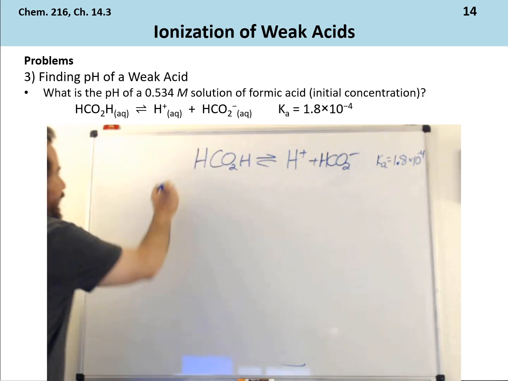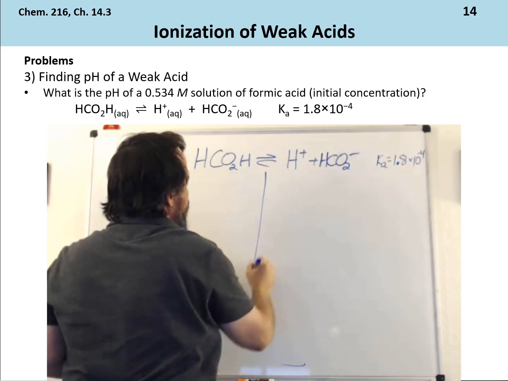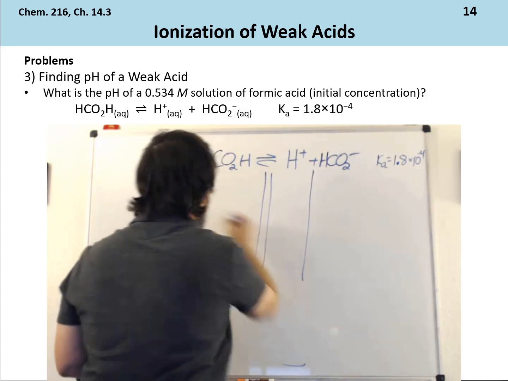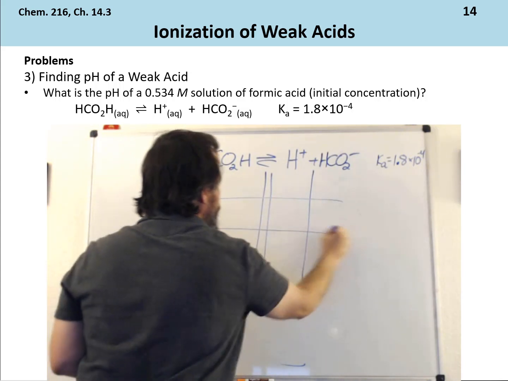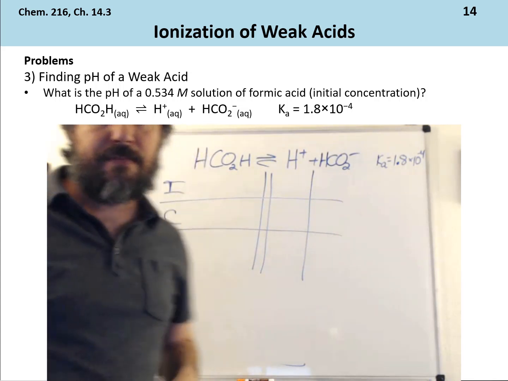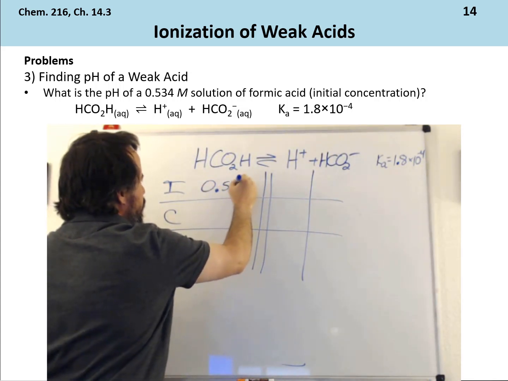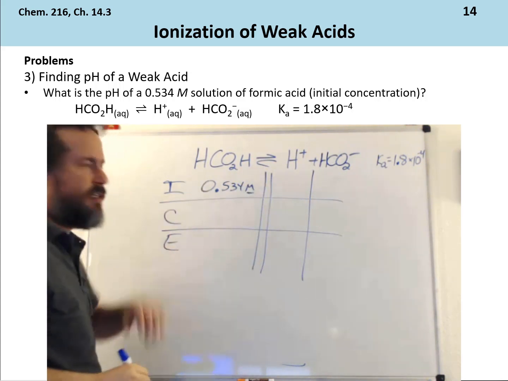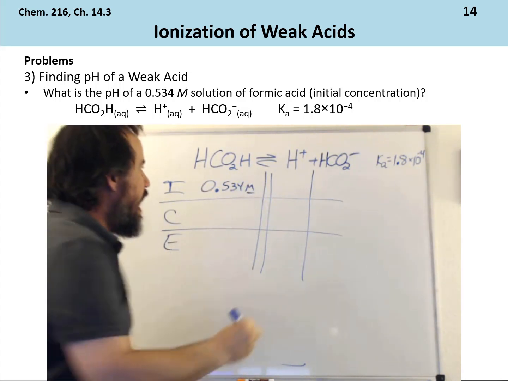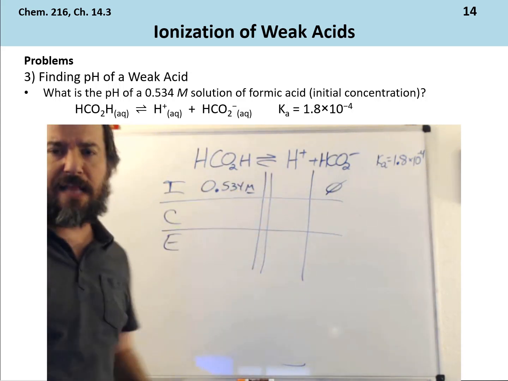All right, so we're going to do an ICE table. This is why I told you you're not going to be able to run away from them, unfortunately. All right, so what are we given? We're given that I have 0.534 molar of my acid. And I'm not told anything about HCO2 minus, so we have none of that.